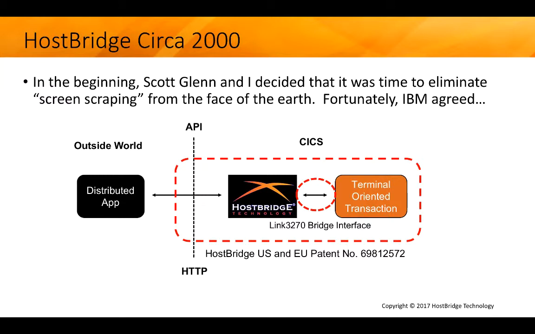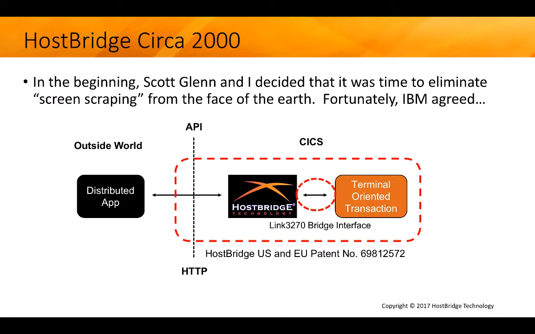And that component within CICS, which began back in CICS Transaction Server version 1, was called the Link 3270 Bridge Interface. Using that interface, we were able to create a software product that allowed a distributed app to send an HTTP request to HostBridge running under CICS, and receive back an XML document, or today a JSON document, that had all the information from that terminal-oriented transaction.